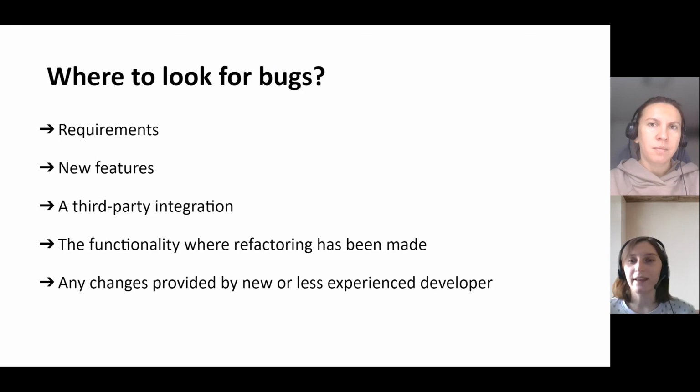Yeah, absolutely. And the next step is to take into account who is working on the coding. Please always take into account the human factor. We are all people. We can make mistakes. So if you know that a new or less experienced developer was assigned to create new functionality, stay sharp with this functionality.